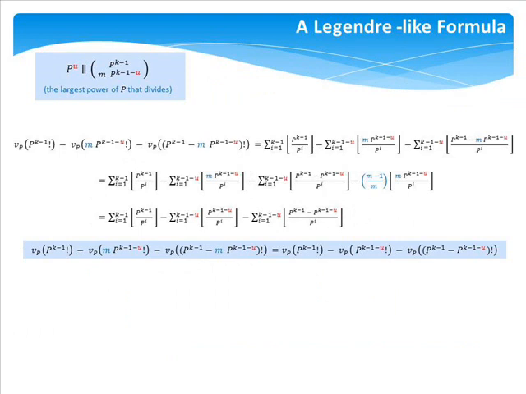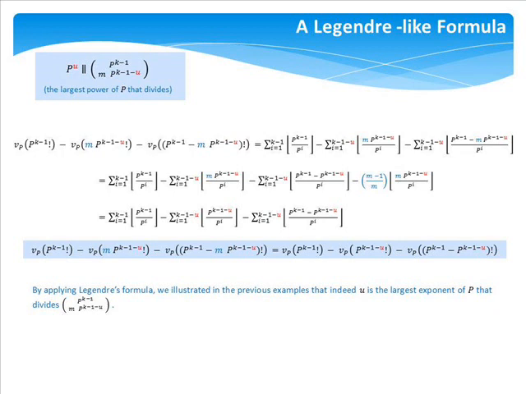By applying Legendre's formula, we illustrated in the previous examples that indeed u is the largest exponent of p that divides binomial p raised to k minus 1, choose m times p raised to k minus 1 minus u. However, when attempting to prove this finding, we encountered some challenges.